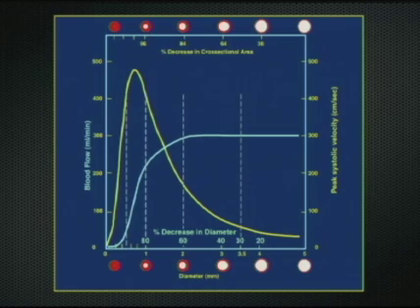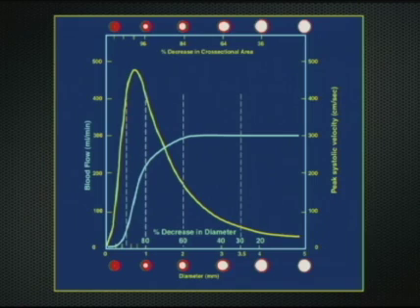At around 60% reduction in diameter, there's a very rapid increase in velocity, up to greater than 400 centimeters per second. Then as the vessel approaches complete occlusion, the velocity declines again, reaching zero at the time of complete occlusion.